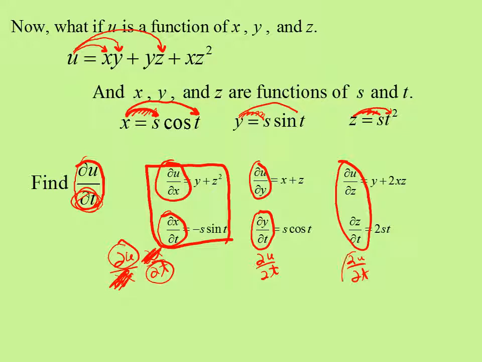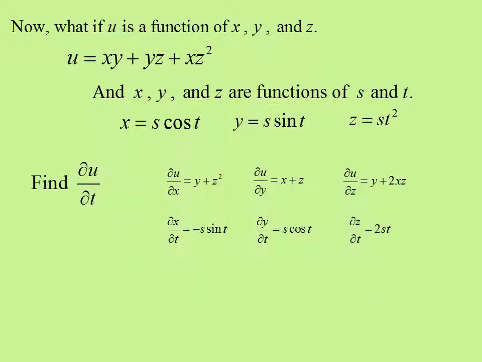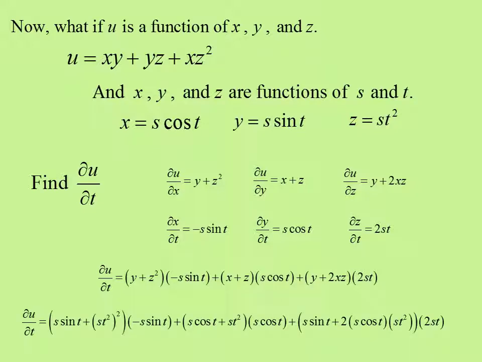So look, we got the derivative of u with respect to t three different ways. We need to combine those together. So that's our chain rule without any tree diagrams. We change the x's, y's, and z's back into s's and t's, and there's our answer.